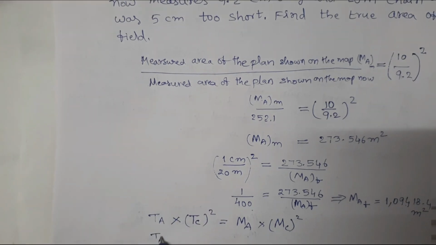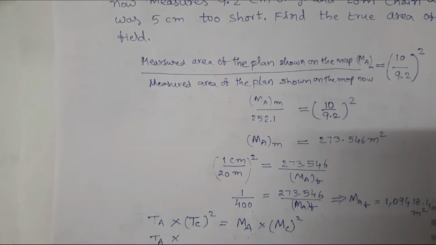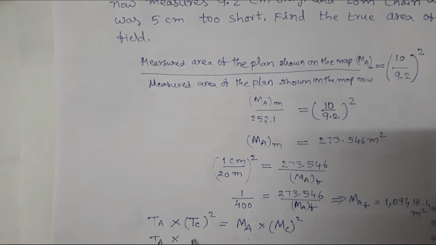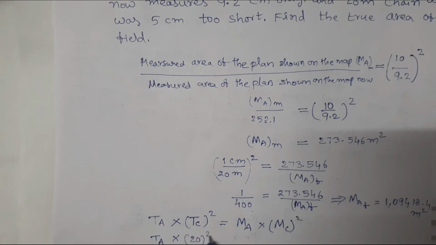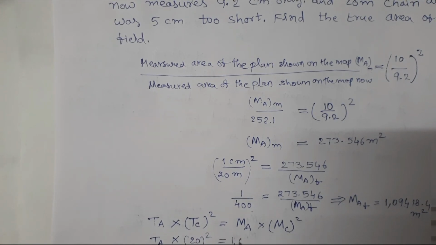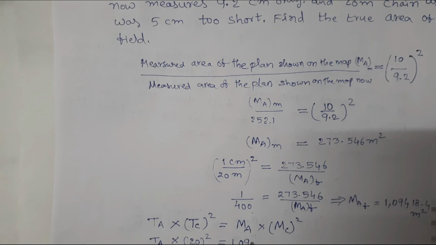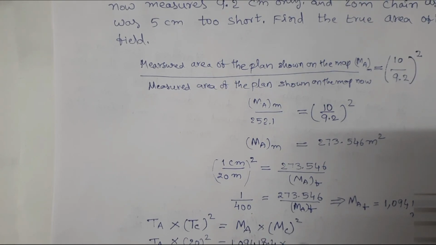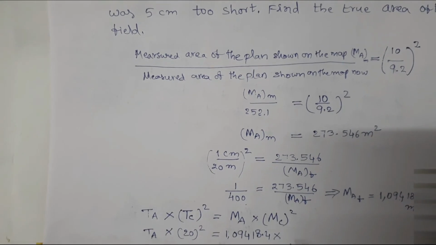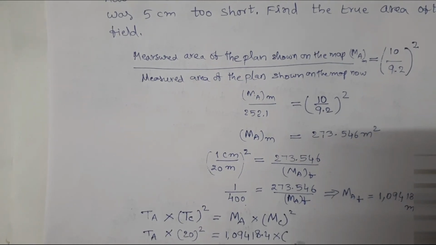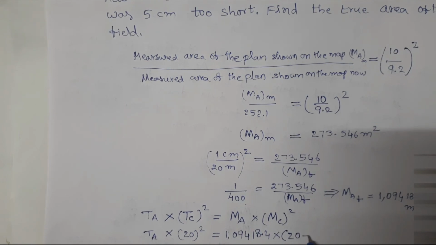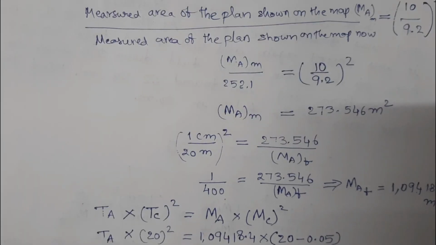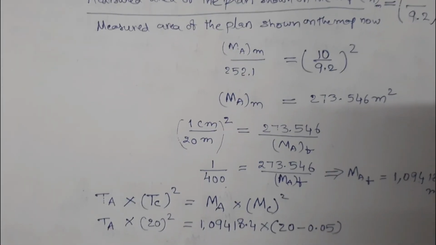Therefore true area into 20 whole square is equal to measured area 1,09,418.4 into measured length of chain, 20 minus 0.05, because it is 5 centimeter too short.